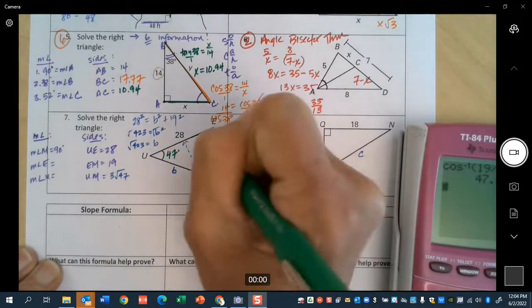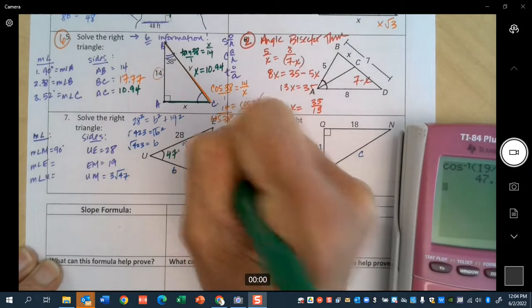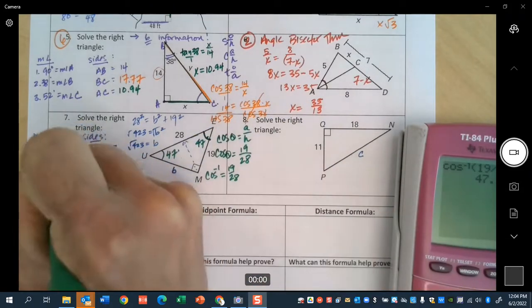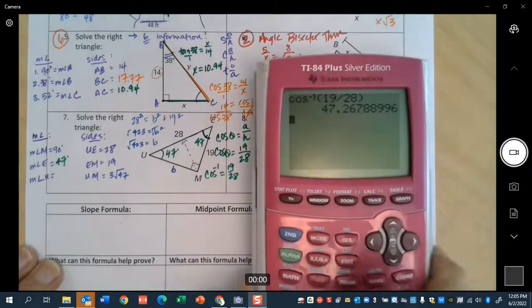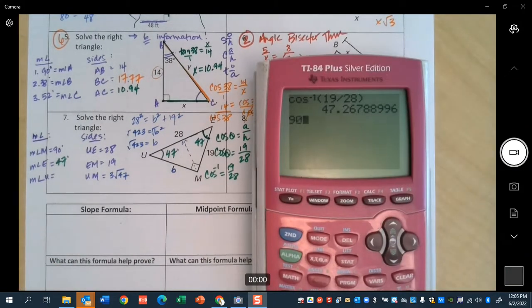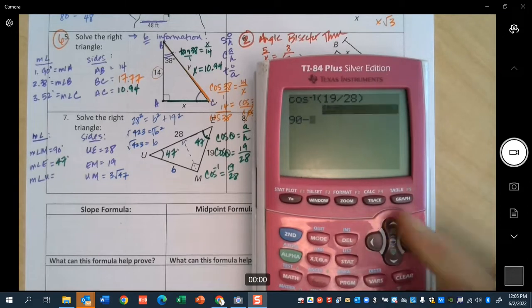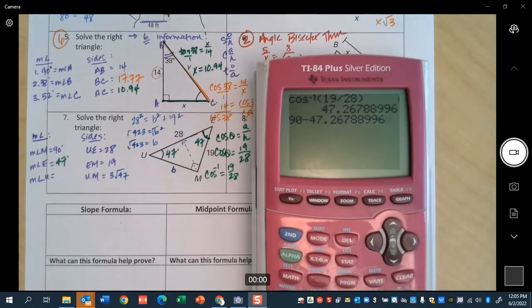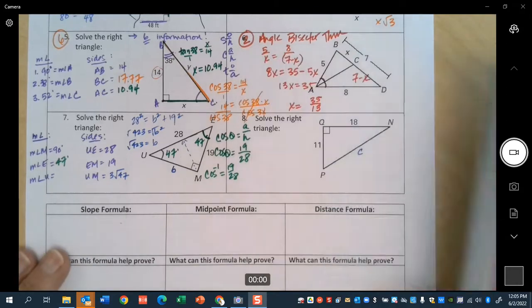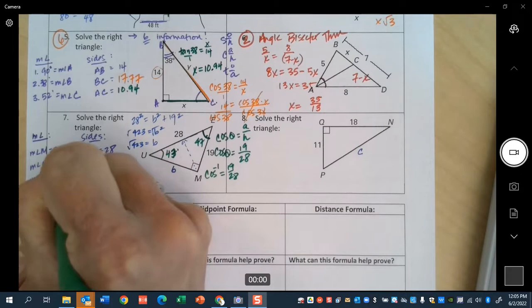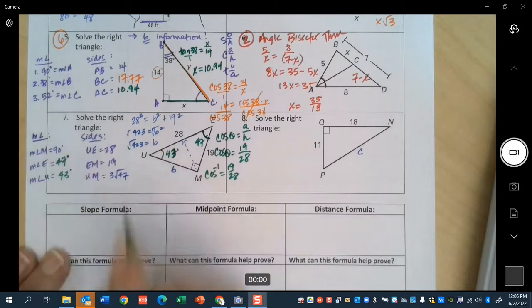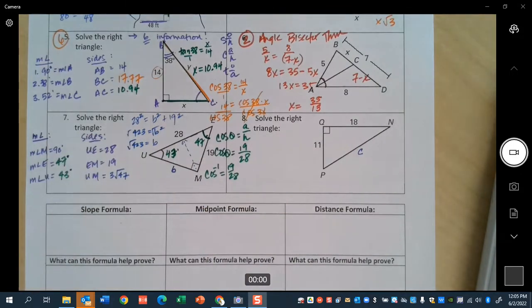Oh, that was E, wasn't it? So the measure of angle E is 47 degrees. Here's my trick. 90 minus this is going to be a 43-degree angle. So I know that those two angles have to be complementary. So I'm okay with my rounding.